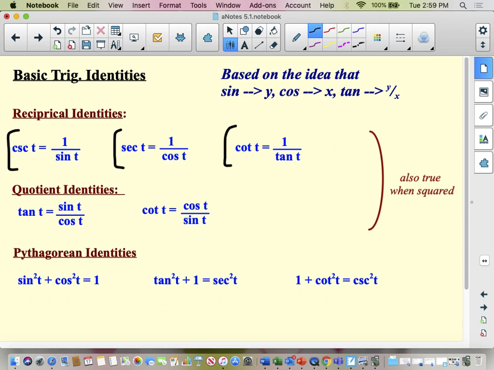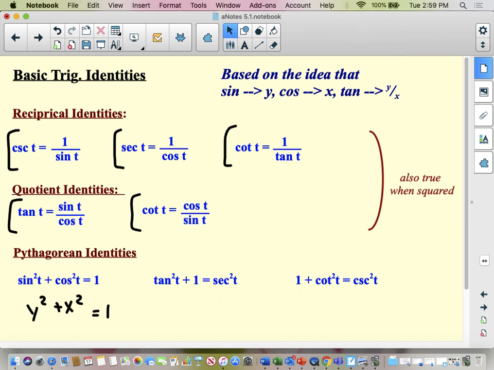Okay, we already covered those. Tangent is the ratio of sine divided by cosine, which means cotangent is the reciprocal, cosine over sine. Pythagorean identities is what I did not talk about, but I will remind you that we did talk about x squared plus y squared equals 1, and you know that x is cosine and y is sine. So that should be familiar. Okay, that's all it stems from.